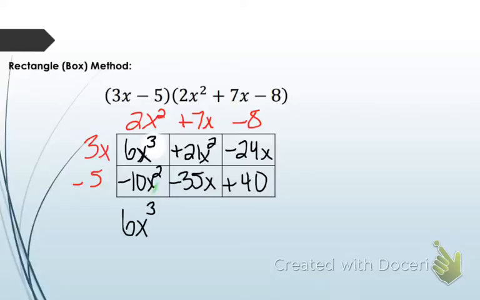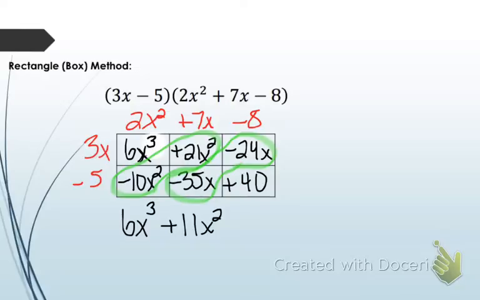Then I'm going to combine the diagonals. That is negative 10x squared plus 21x squared. That gives us a positive 11x squared. Next, I'm going to combine the next diagonal, because these two are my like terms.